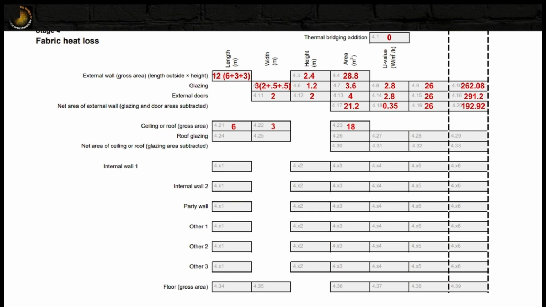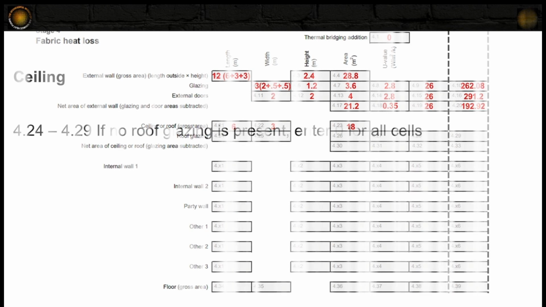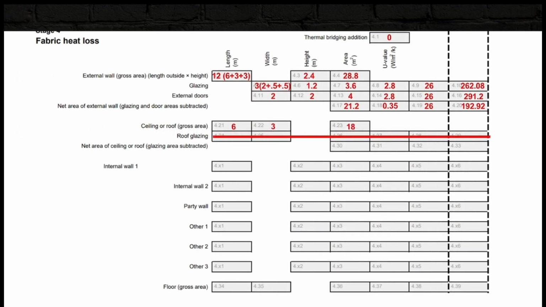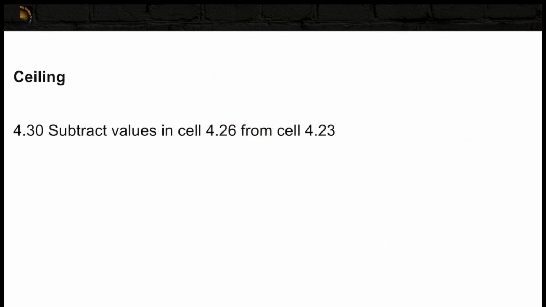Box 4.24 is if we have any roof glazing, but obviously with our living room, the rooms above it are bedrooms, so having roof glazing in would probably be a bit funky. So we can just scratch that line.